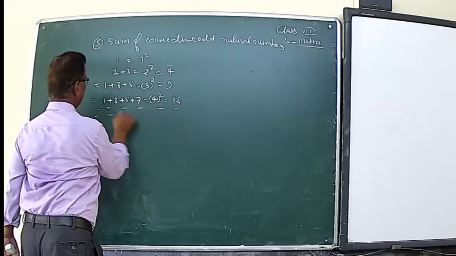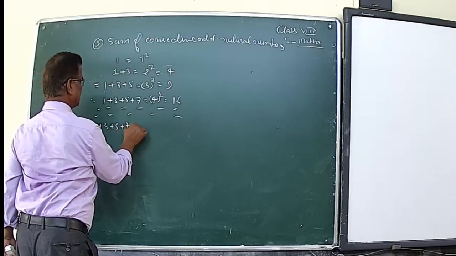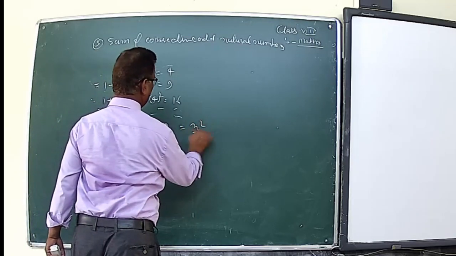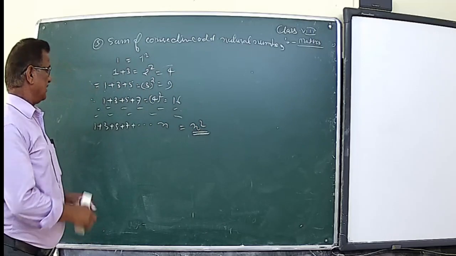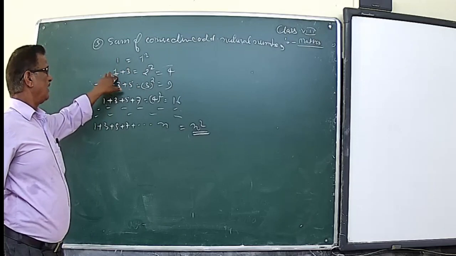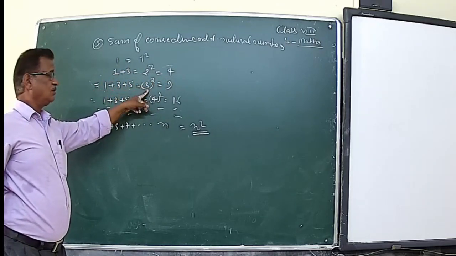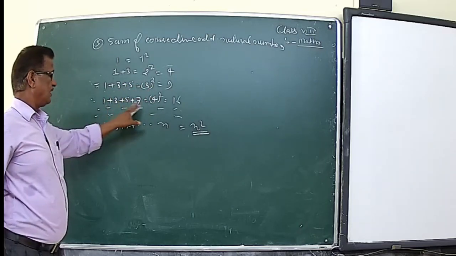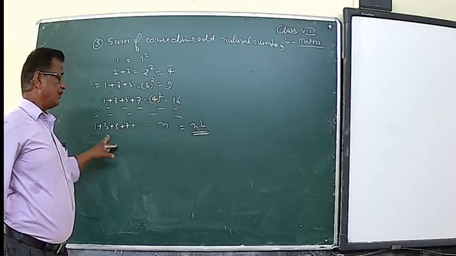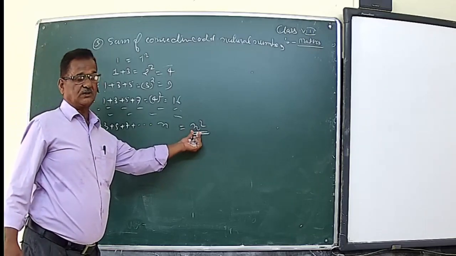If you take 1 plus 3 plus 5 plus 7 up to n odd numbers, the sum is n squared. So the sum of one odd number is 1 squared, of two odd numbers is 2 squared, that is 4, of three odd numbers is 3 squared, of four odd numbers is 4 to the power 2, that is 16. Similarly, the sum of n odd numbers is equal to n squared.